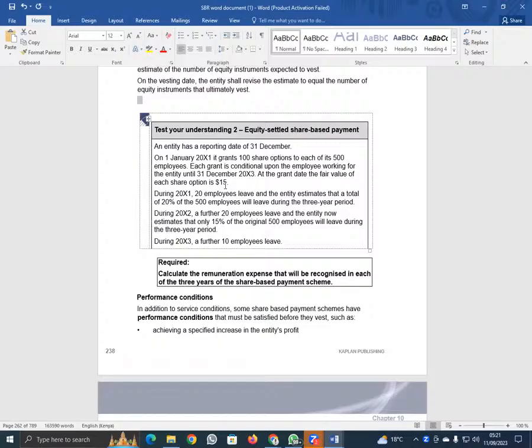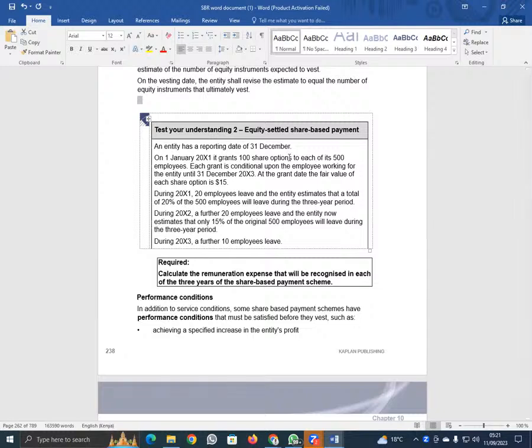If it's cash settled, then the fair value at the end of the year will always change. Ladies and gentlemen, remember here, we are told on 1st of January 2021 it grants these guys 100 shares for each of its 500 employees. Each grant is conditional upon the employee working for the entity until 31st December 2023.